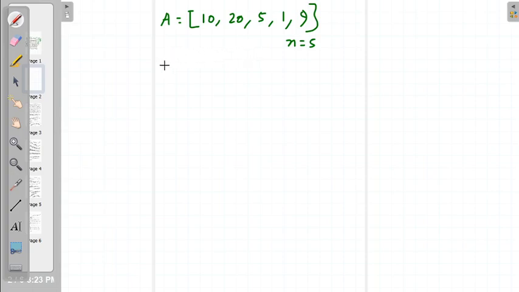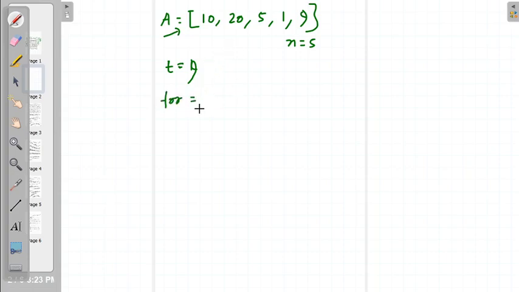And we have to search for one number t in this array. Say t equals 1, or maybe I'm giving 9, and you have to find out whether this t is present in the array. So you can write one algorithm for this.